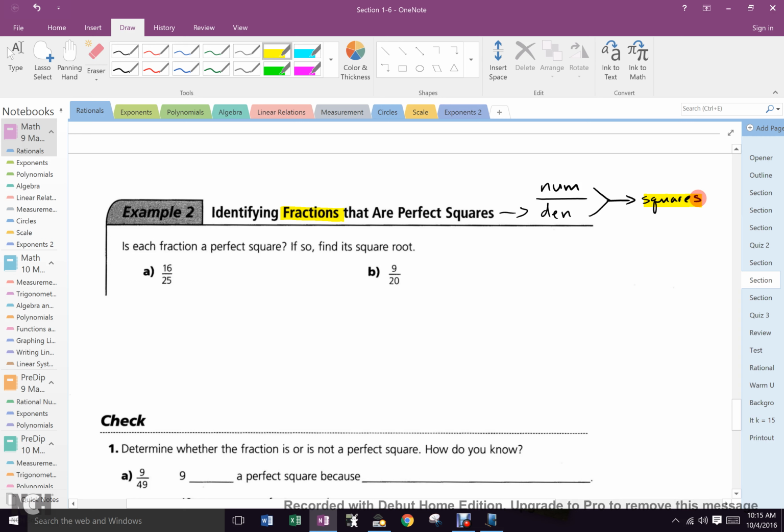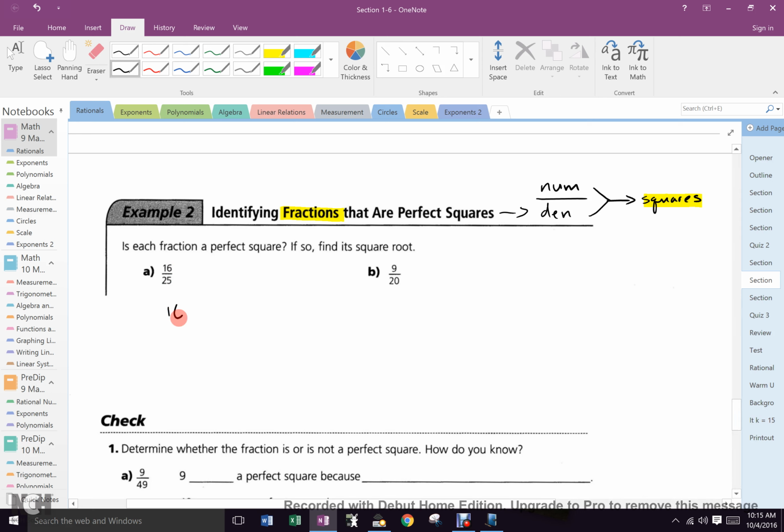Yeah, but how do you know that? Do you have everyone memorized? No, so where do you need to go? You can use your calculator if they're big numbers, or you can look on your chart that you just filled out, yes? So, is 16 over 25 a perfect square?